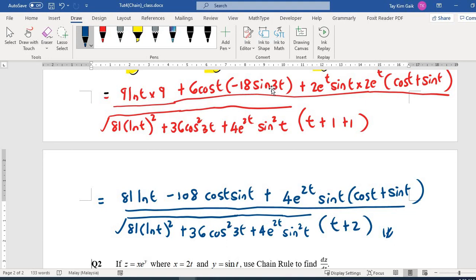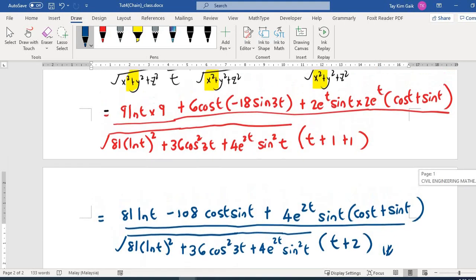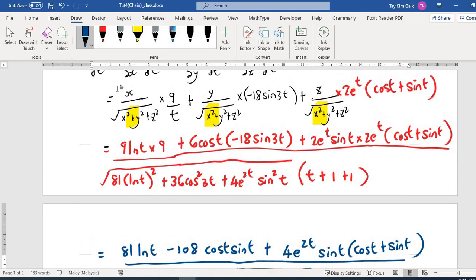And then the answer, you have two versions. Either you leave it in terms of x, y, z, or, if the question says they want it in terms of parameter t, then you have to replace x. If not, some of you may leave the answer like this.